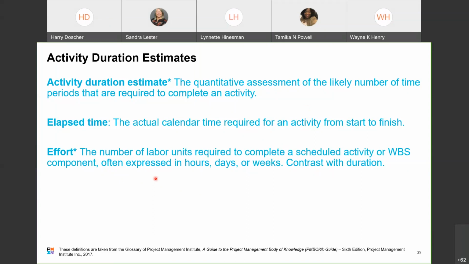So if you've got a requirement to work, where one person would work an hour the first day, 2 people 8 hours each second day, your effort for that simple task would be 17 hours. Okay, but your duration would be 2 days. So know the distinction between duration and effort, and also elapsed time.